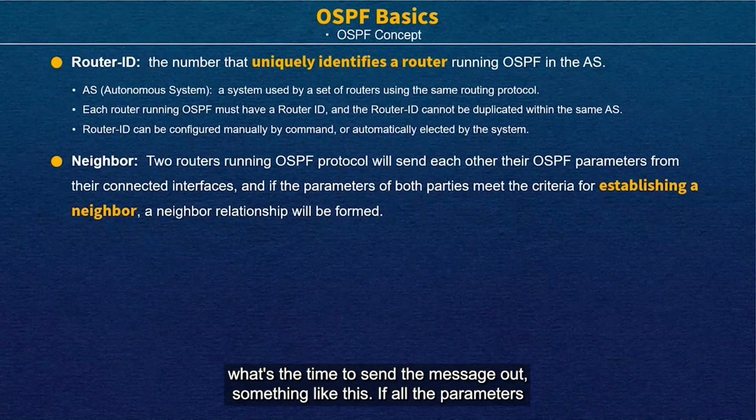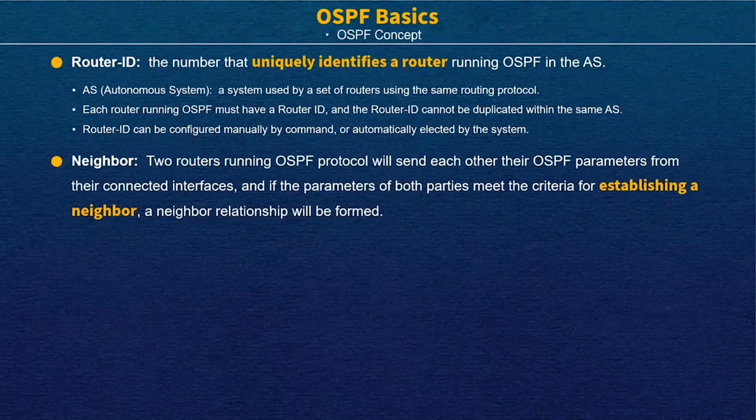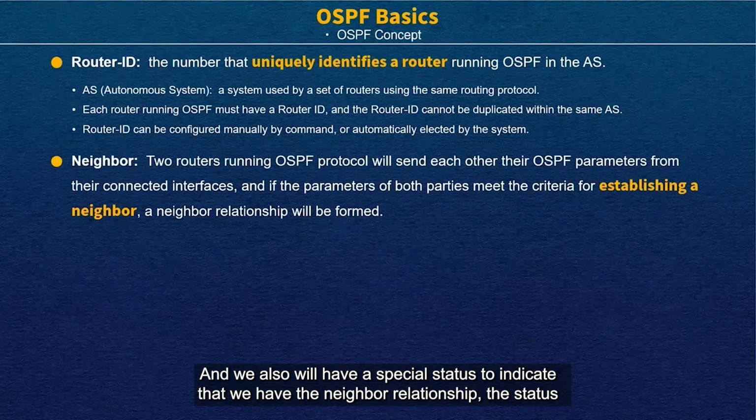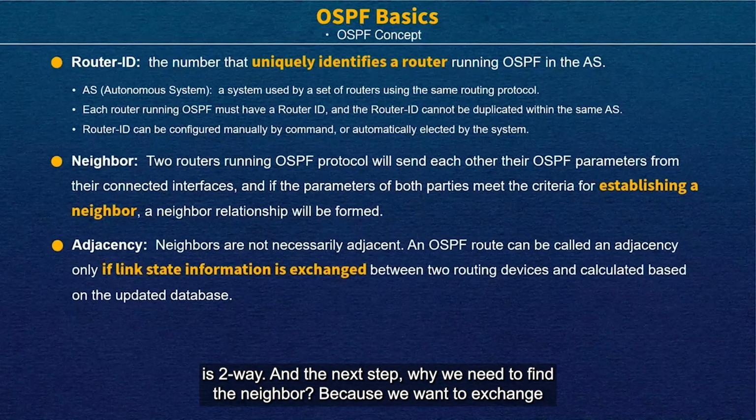If all the parameters meet the requirements, we negotiate successfully. Then we establish a neighbor, and we also have a special status to indicate that we have the neighbor relationship. The status is two-way.